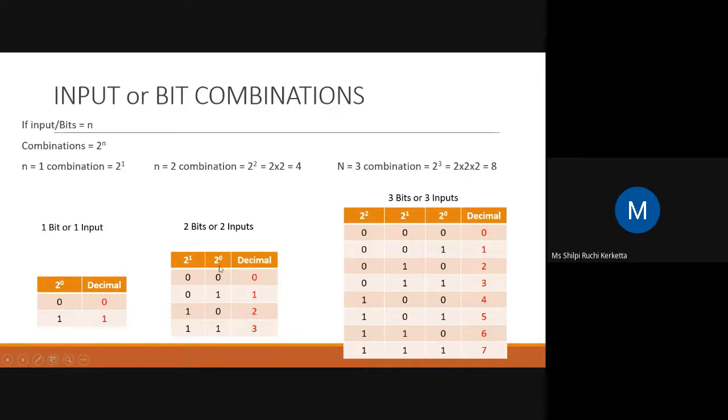For 2 bits, this will be least significant and this will be most significant. Similarly, for 3 bits, the rightmost will be least significant and the leftmost will be most significant.